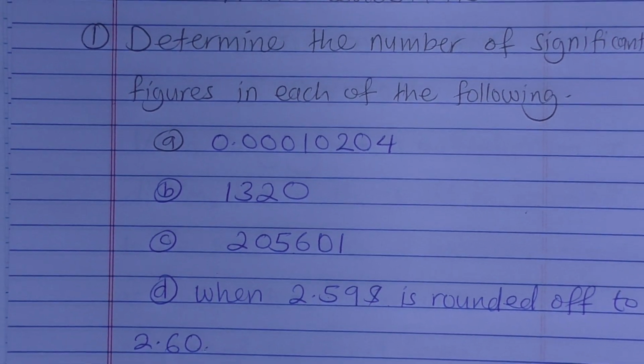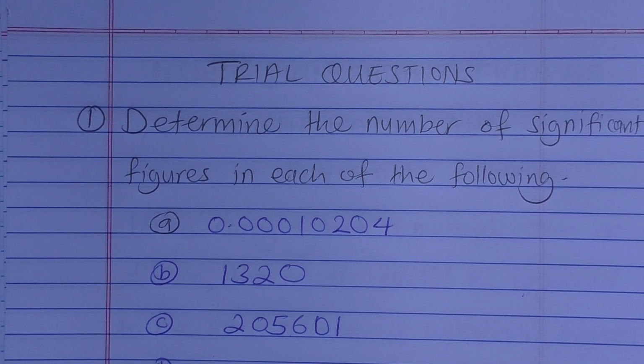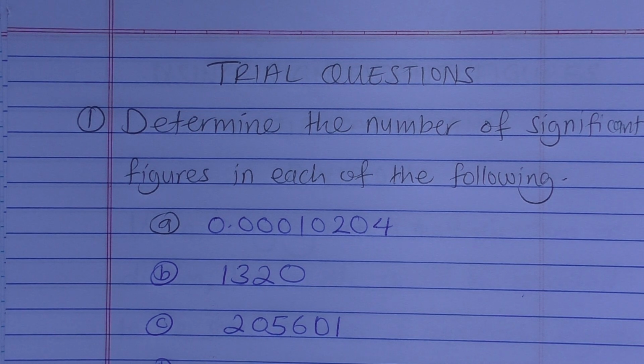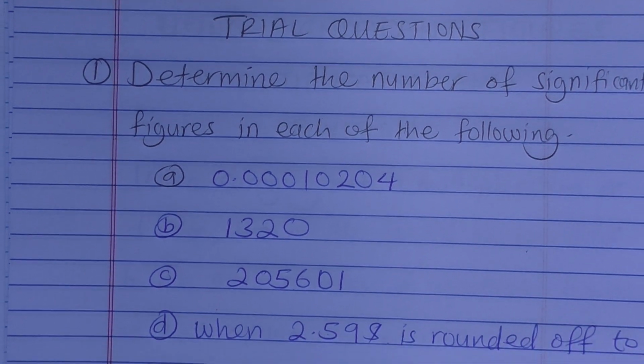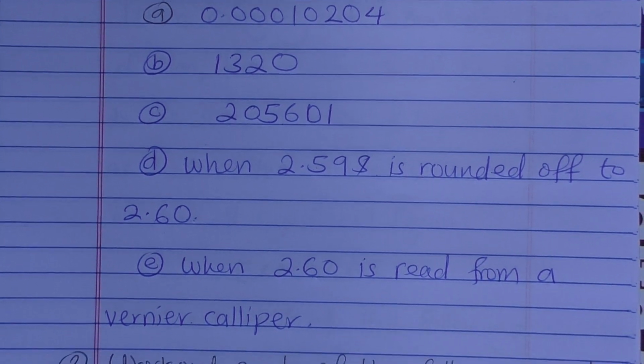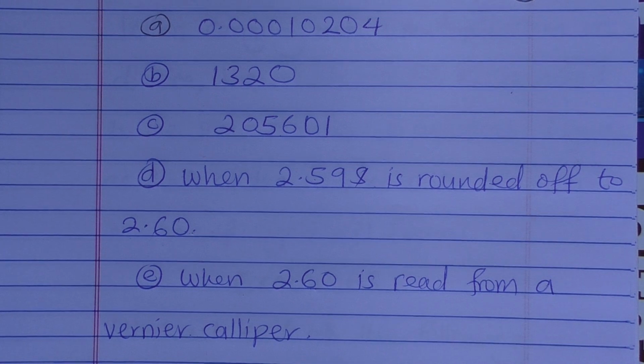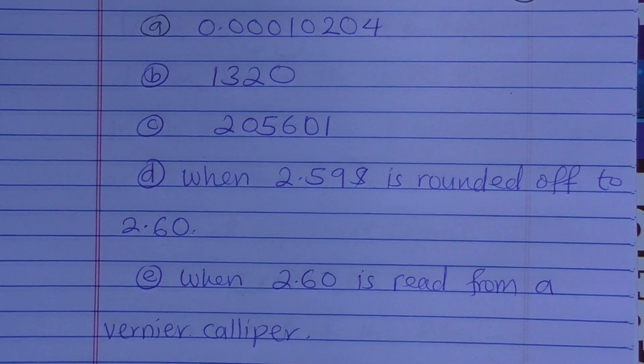So our next lesson is on how we deal with significant figures during multiplication and division, and how we deal with decimal places in addition and subtraction. Otherwise, for today, that's enough. We meet in our next lesson.